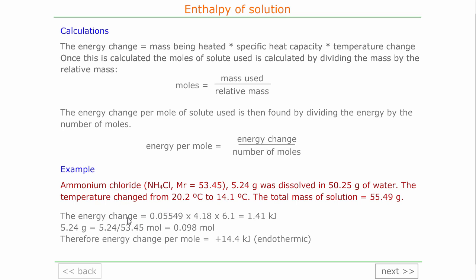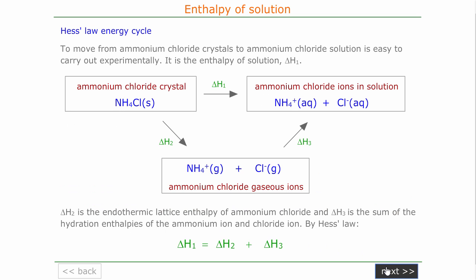So the energy change will be the mass of the solution times the specific heat capacity times the temperature change. The mass of the solute is converted into moles, and then we divide the energy change by the number of moles to get the energy change per mole. The answer is positive because it's an endothermic process.